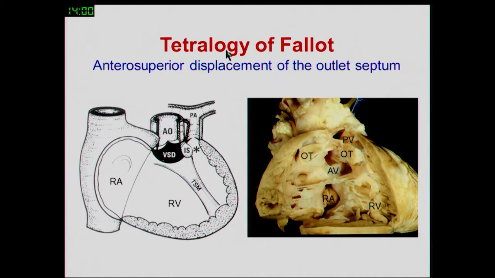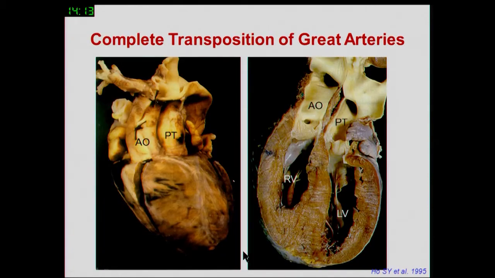TOF results from anterior superior displacement of the outflow tract septum portion of the proximal outlet part of the ventricle. Complete TGA has great vessels in parallel instead of the normal crossing arrangement. It means outflow tract separation happens, but the outflow tract ridges were not arranged spirally.